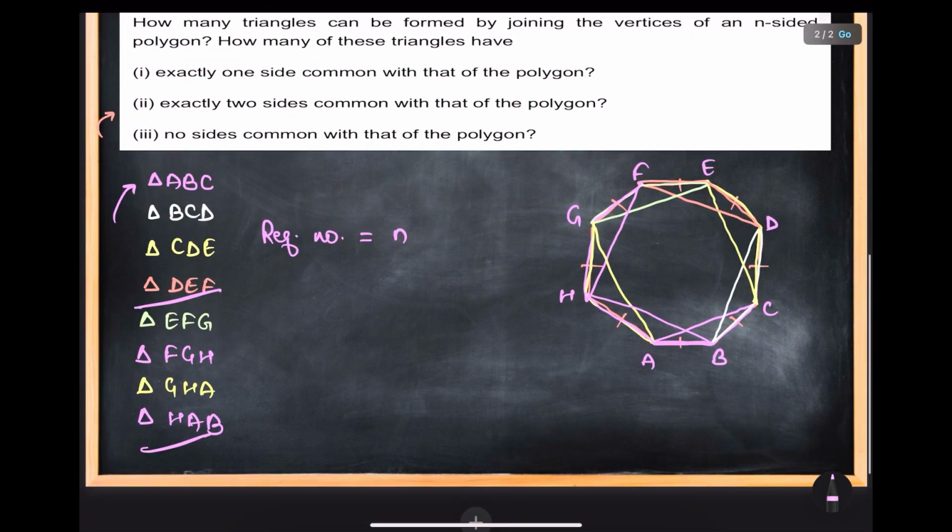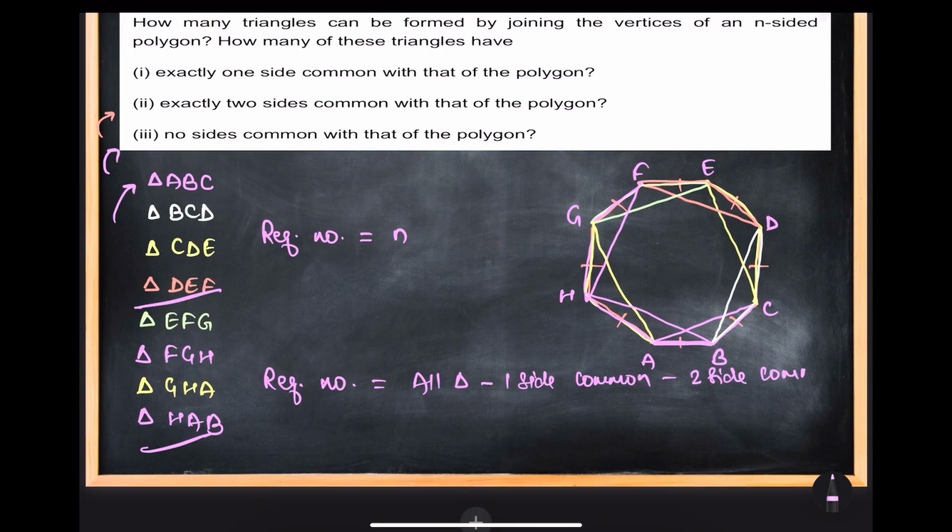In the third part we have no sides common with the polygon. So can I say that the required number is all triangles minus one side common minus two sides common?